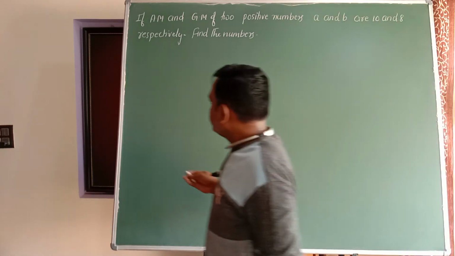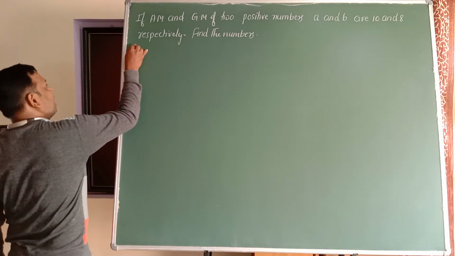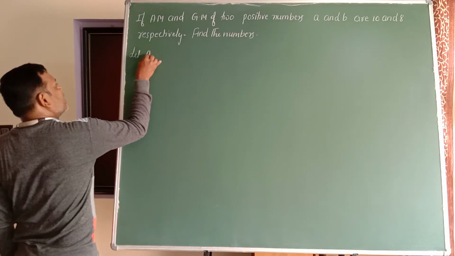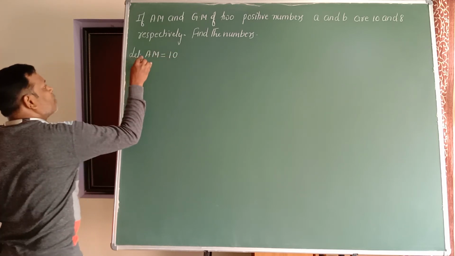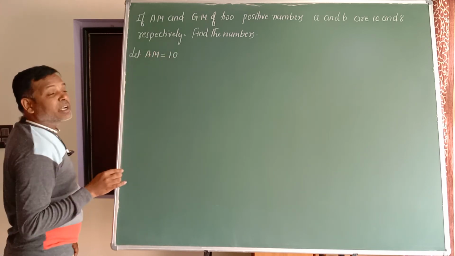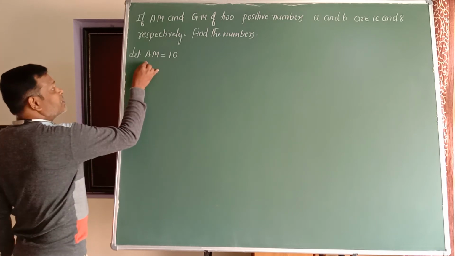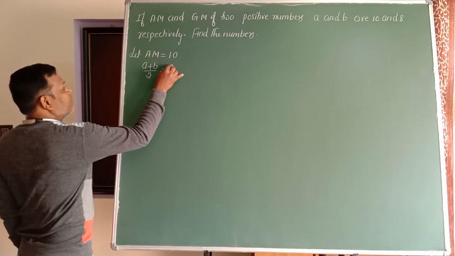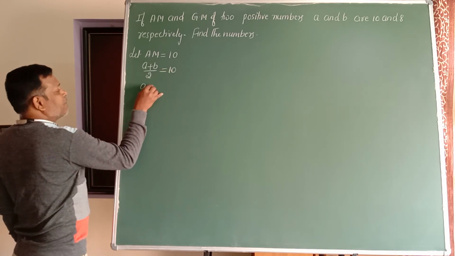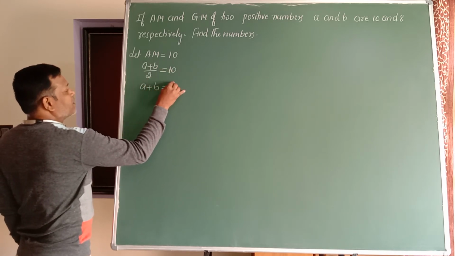So now I am going to write: let AM be 10. What is the AM formula? AM between two numbers A and B is given by (A plus B) by 2, that is equal to 10. Then A plus B is equal to 20 by cross multiplying.